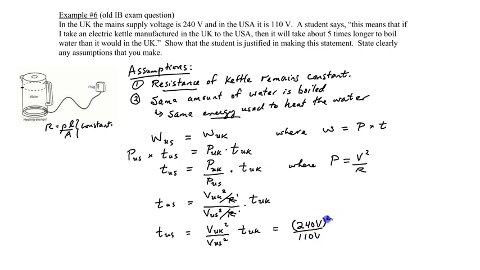Each of these are squared. And you're going to get 4.76 when you square these two numbers times the time in the UK. So the time in the US is roughly 5 times the time in the UK. And the student is correct in making that justified statement. That's it.